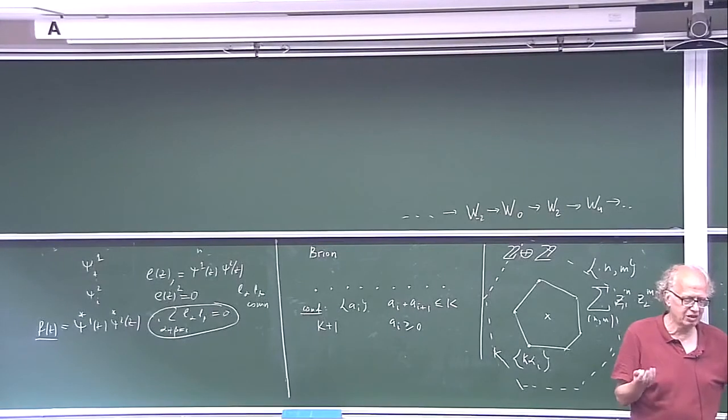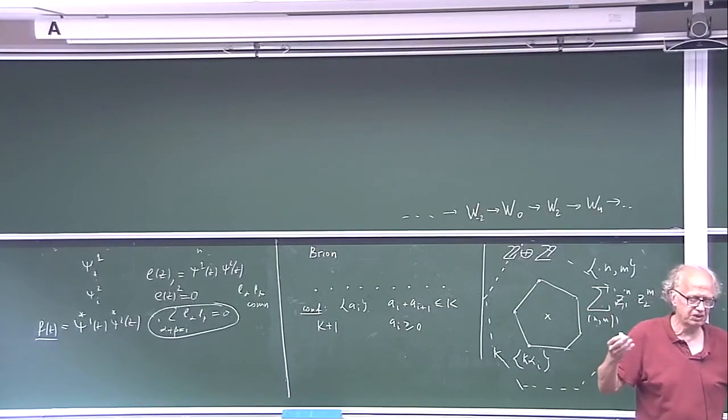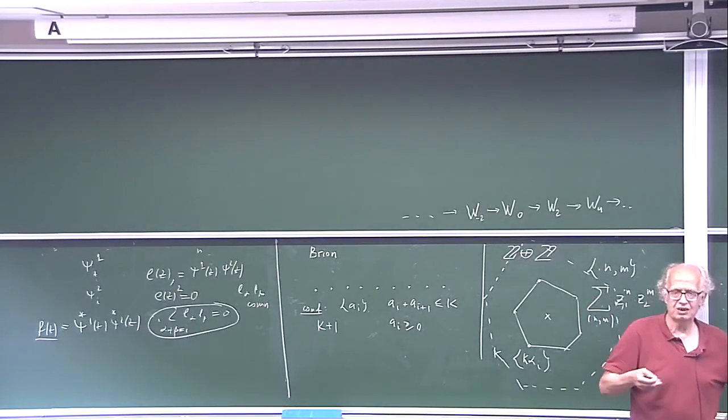In Duistermaat-Heckman, we calculate some integral, where the integrand is the exponent of something depending on some k, and if k goes to infinity, then asymptotically this integral is the sum over fixed points or critical points of the functions.